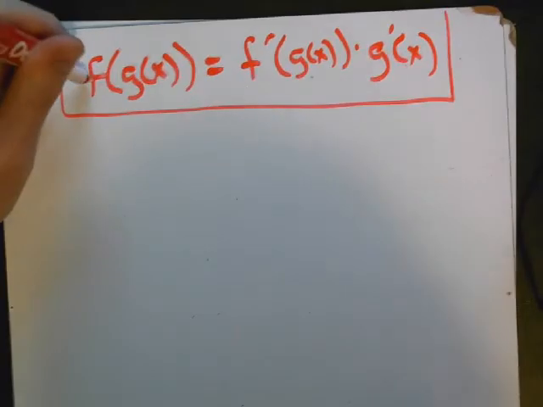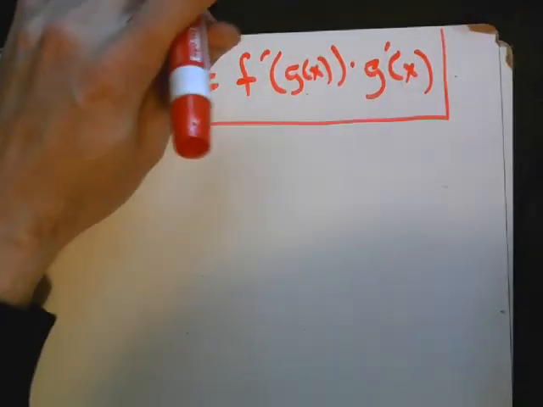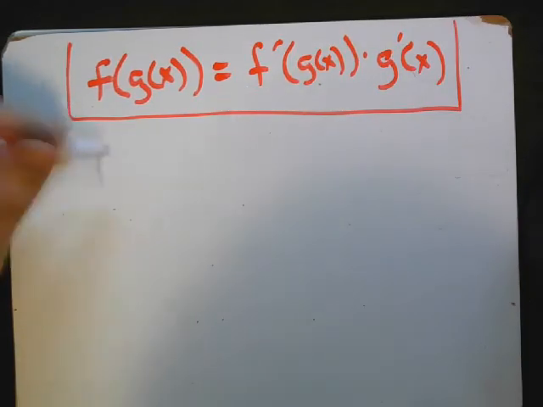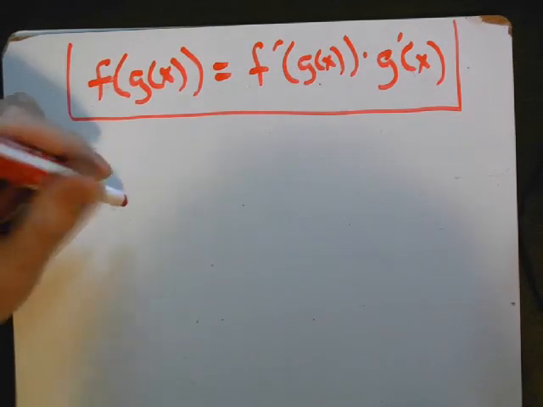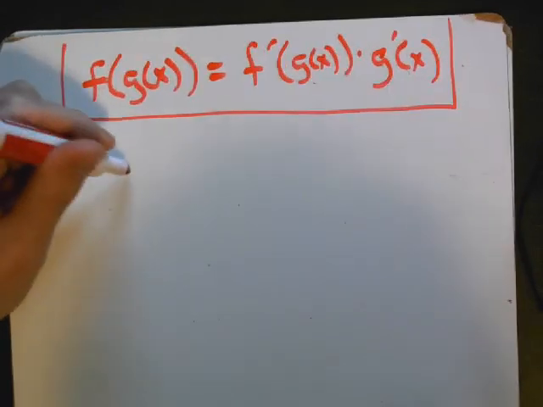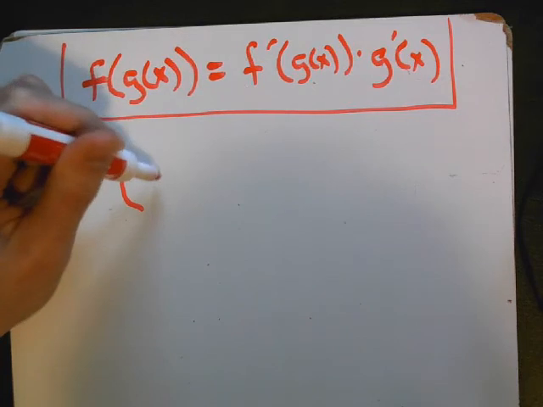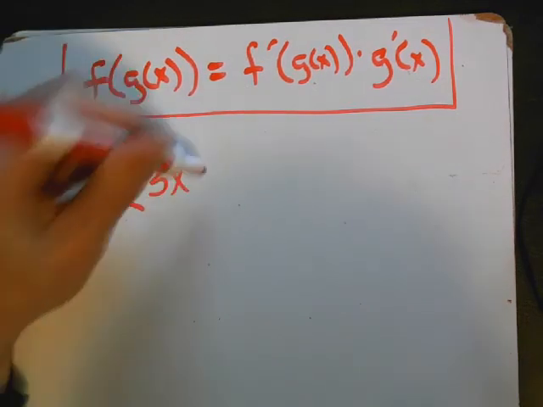Okay, hopefully that sounds a little bit familiar to you. I know it's been 4 or 5 months, but that was the chain rule. Okay, and the chain rule was essentially used when we could break things up into two separate pieces or two separate functions.